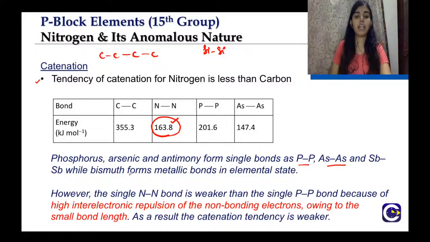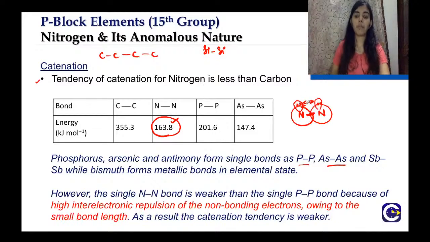Now see here, the nitrogen bond is weaker than that of the P-P bond. Why? Because nitrogen is an electronegative element, right? And it is also very small in size, so what will happen is that when it forms a bond, the lone pairs of electrons present on it will repel each other.